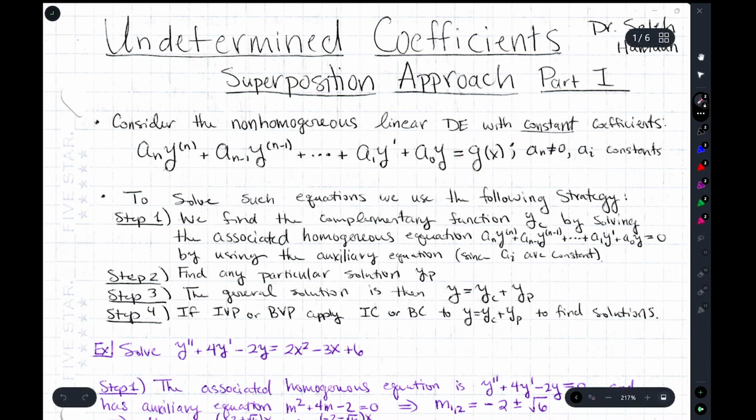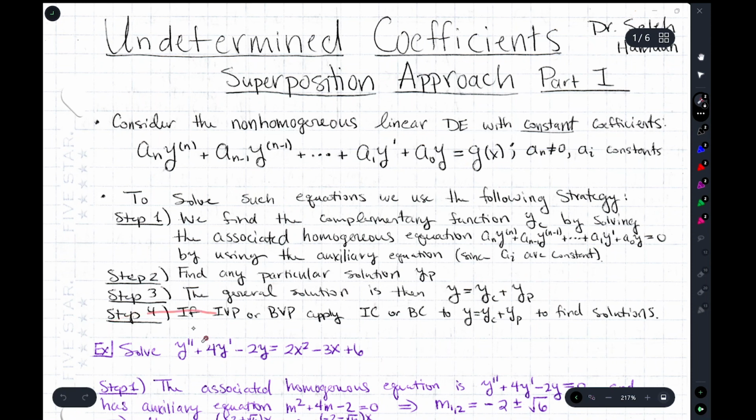We could always add zeros to g of x, and that's why particular solutions differ by solutions to the associated homogeneous equation. But all we need to do is just find one particular solution. Then the general solution will be y complementary plus the particular solution.